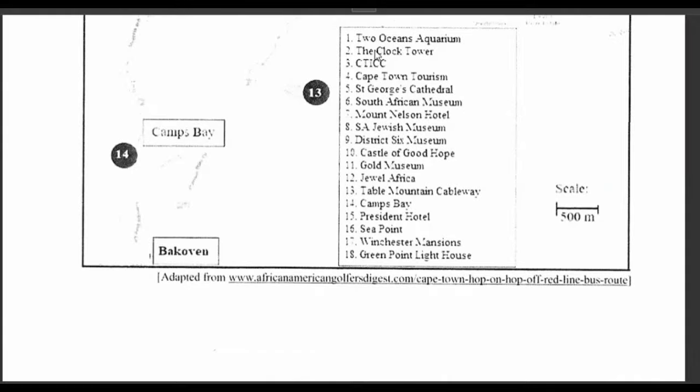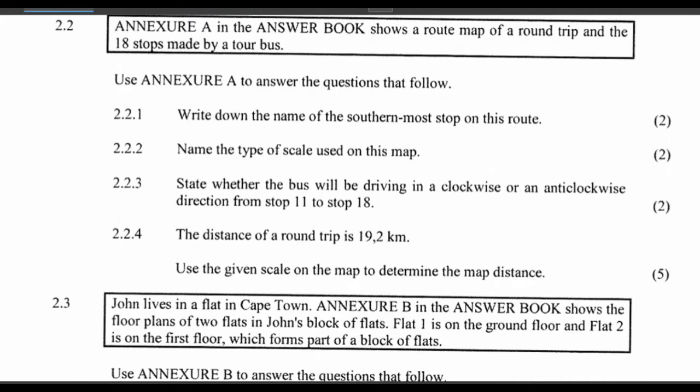But of the stops, we don't have Bachhoven here, and it's not numbered. So probably you would have said 14 Camps Bay. Bachhoven or Camps Bay.